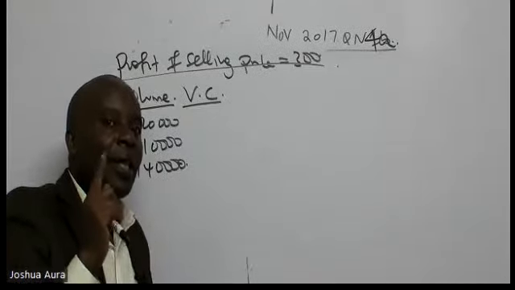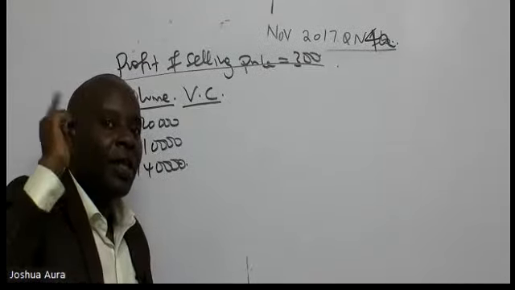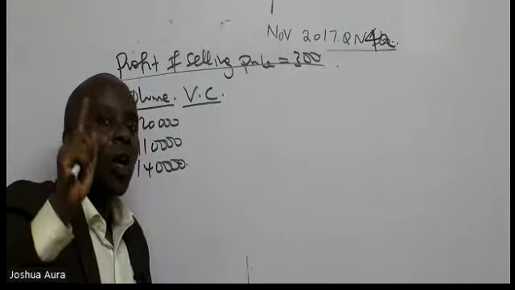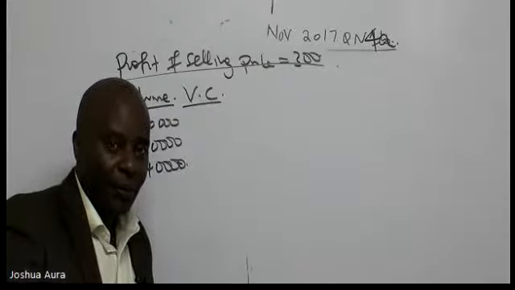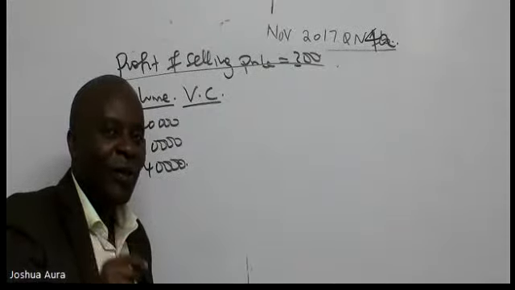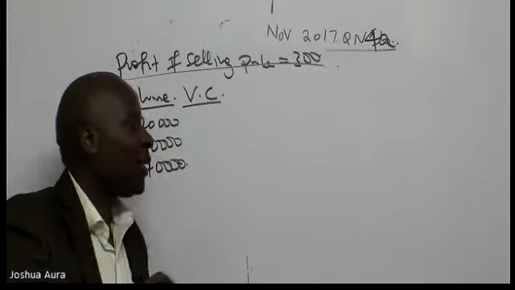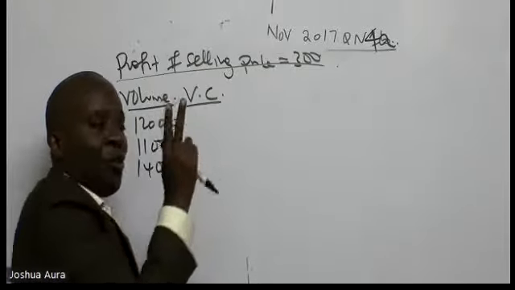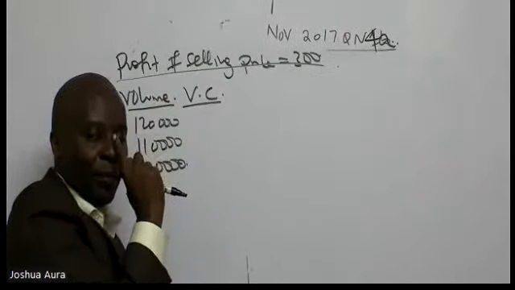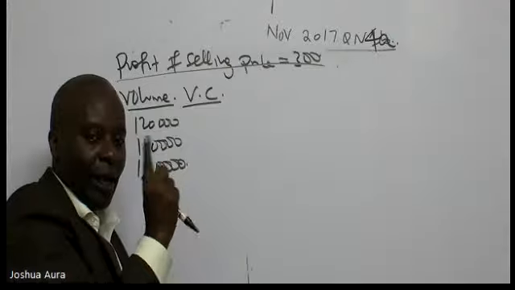But the moment we exceed 100,000, the variable cost per unit goes down to 110 because of the economies of scale. So I would want to see whether I have a bright student here who will be able to interpret and give me the variable cost for this one. Remember, there are 2 possibilities. The variable cost could either be 120 or 110.